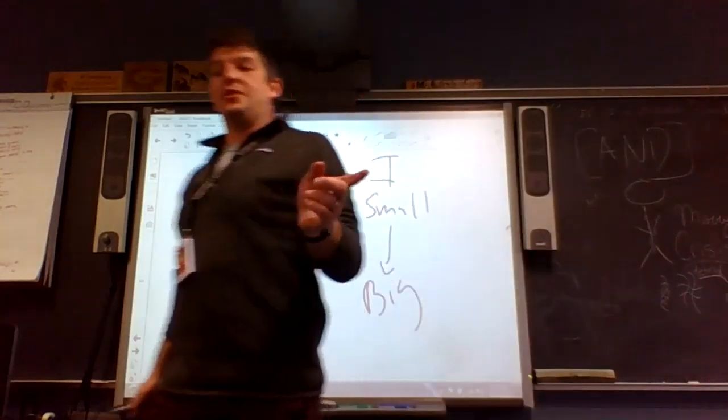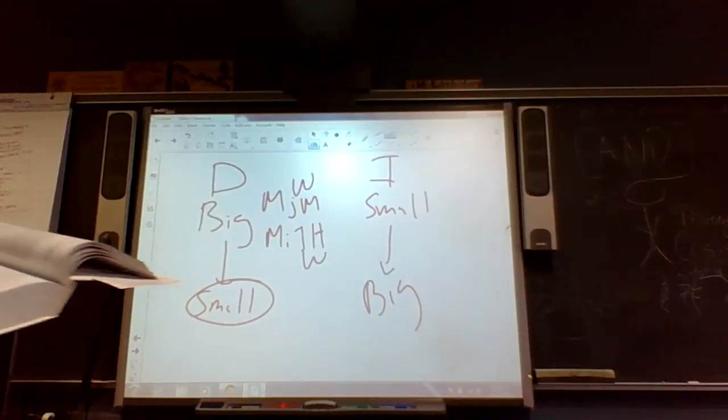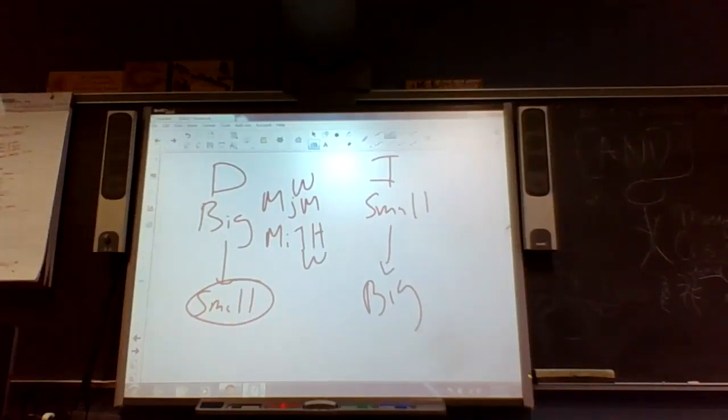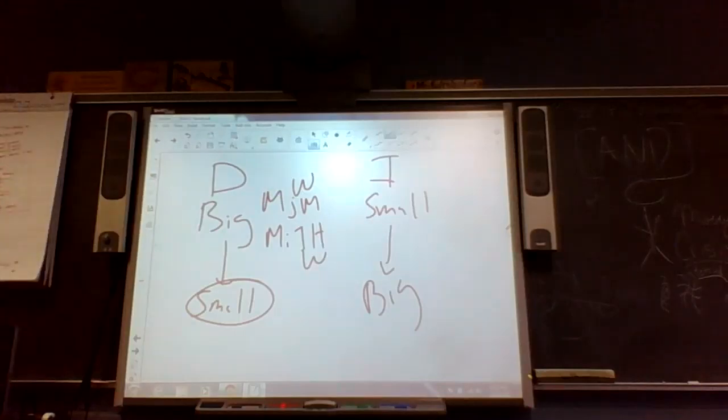Okay, so now let's look at our essay here. I want you to take a gander at paragraphs 4, 5, and 6. So I want you to read paragraphs 4, 5, and 6 quickly.